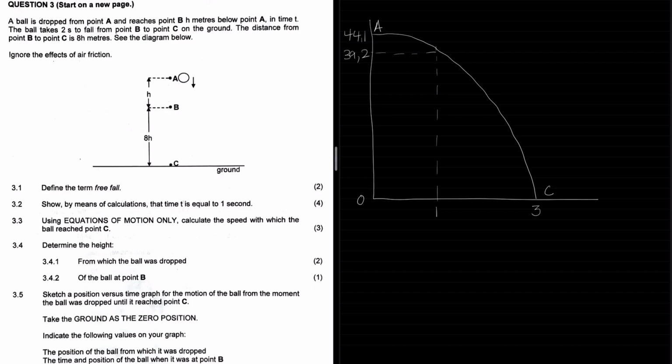And so we just make sure that we have everything. The ground is our reference, so the ground is our 0 line. The position of the ball from which it was dropped, so A. The time and position for when it reached point B, we got that. And the time taken for it to reach point C. So this is point B right here. And so we have all the information.